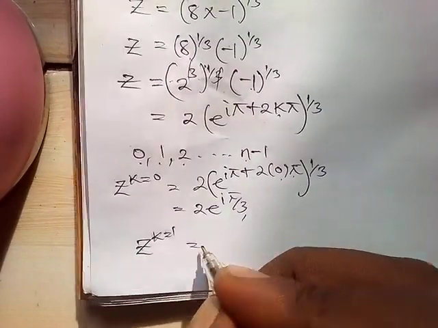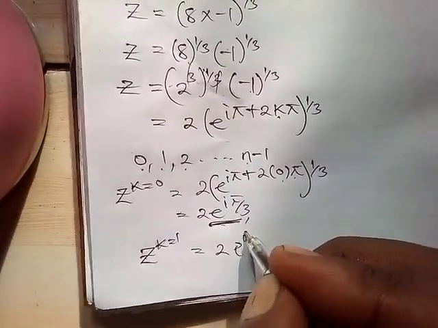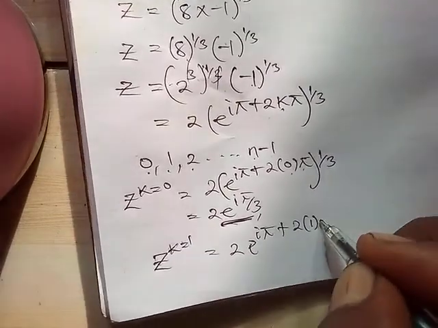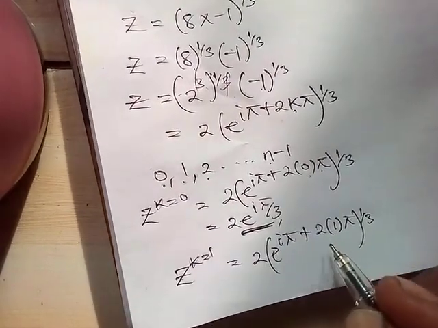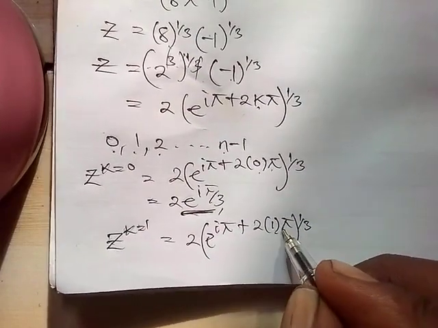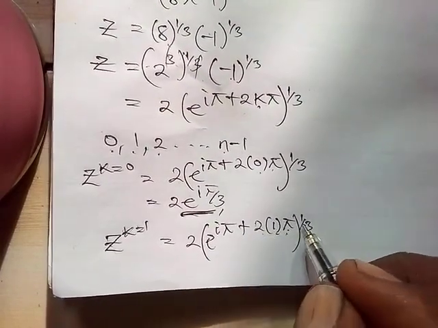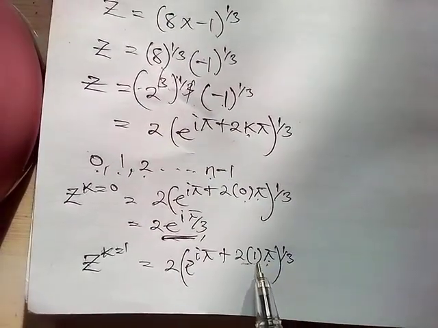When k is 1, we have 2, remember first answer, 2e to the i (pi plus 2, instead of k we say 1, pi) to the power 1 over 3. 2 times 1 is 2, 2 times pi is 2 pi. So we have 2 times 1, which is still 2.